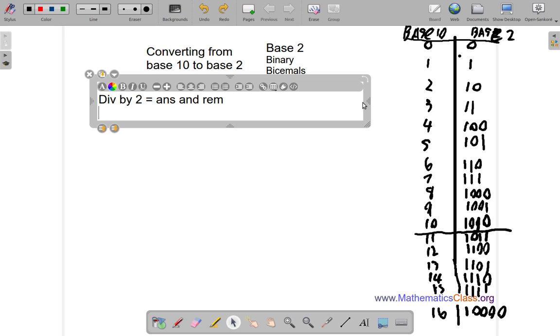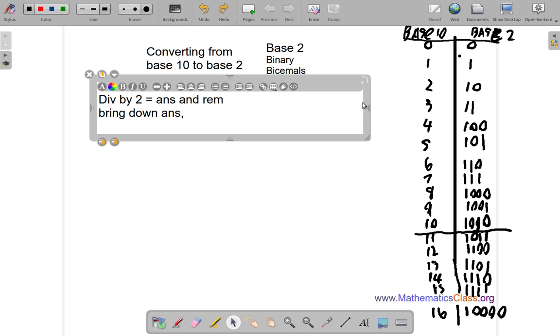After that, you bring down the answer and divide by 2, and you keep the process going like that.